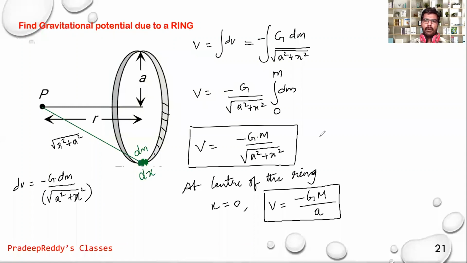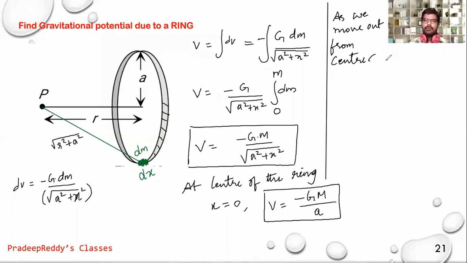As you are moving out from the center of the ring, what would happen? As you move out from the center of the ring, x increases.